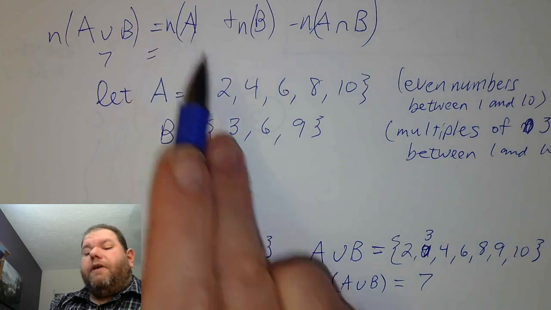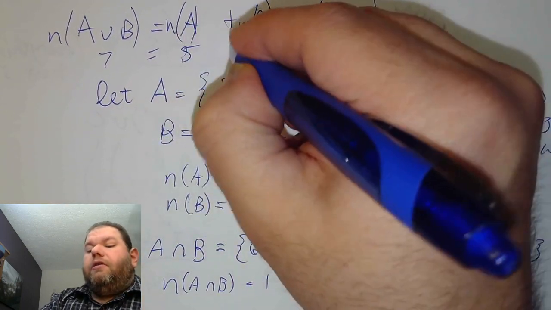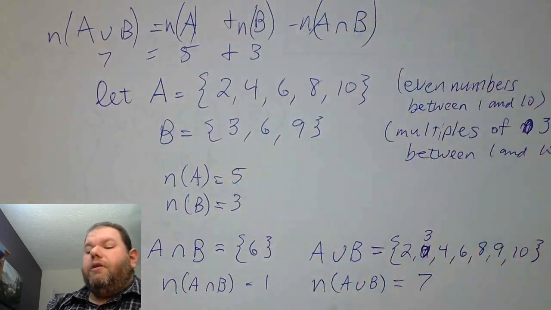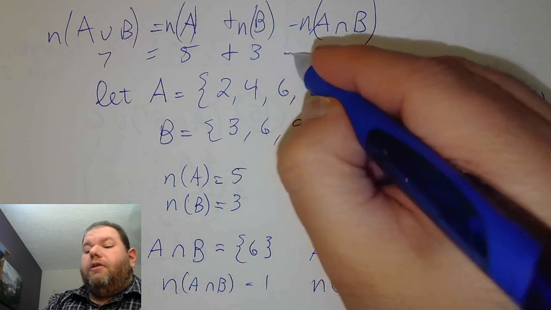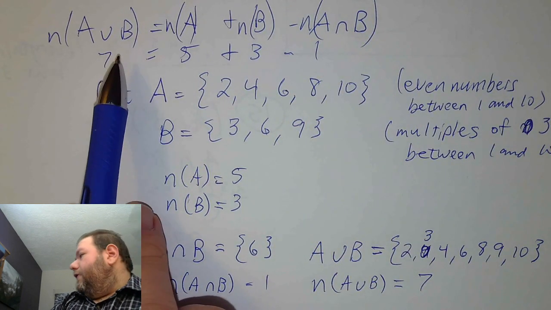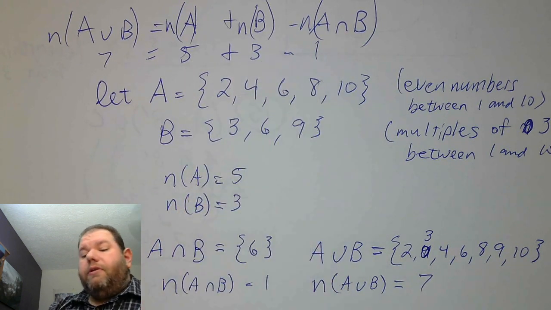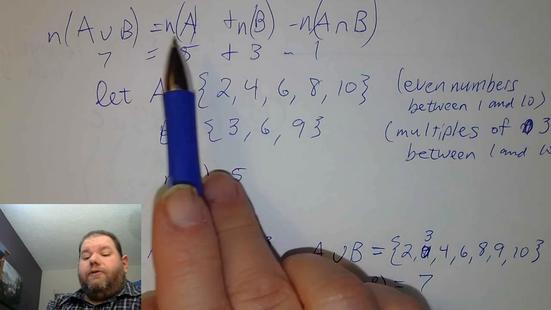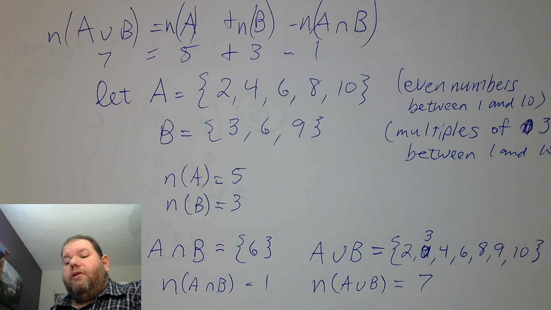N of A we said was 5. N of B is 3. And n of A intersect B is 1. So we're saying 7 is equal to 5 plus 3 minus 1. Which is a true statement because 5 and 3 is 8, minus 1 makes 7.